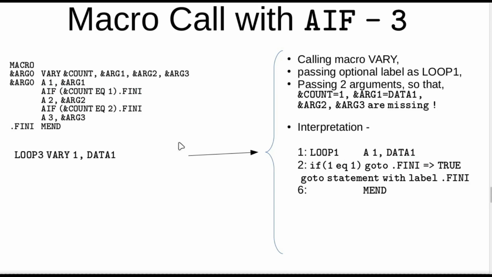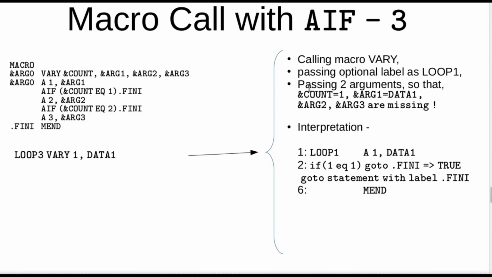In this case we have passed the count as 1. So 1 is equal to 1, obviously. So we will simply branch out to the statement whose label is .fini. So from statement 2 we will directly branch out to statement 6 whose label is .fini, and statement 6 says mend, macro end. So we have nothing else to do, right?